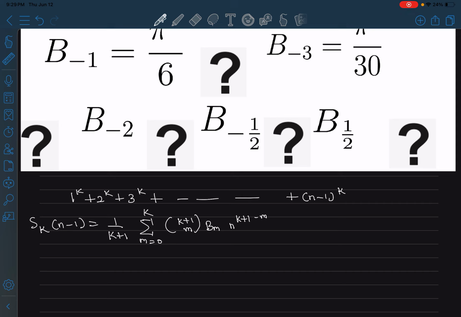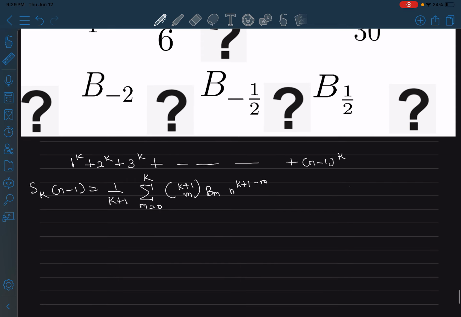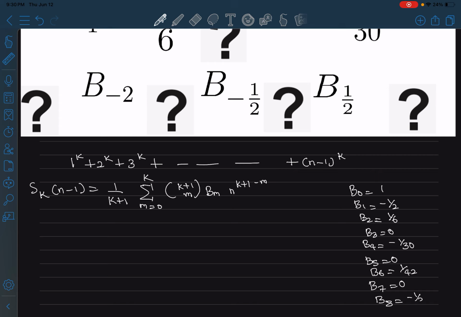To make this formula true, the set of Bernoulli numbers that we need are 1, then minus half, then 1 over 6, then 0, then minus 1 over 30, then 0, then 1 over 42, then 0. So except for B sub 1, all the odd ones are 0. These are the Bernoulli numbers that make this formula true.